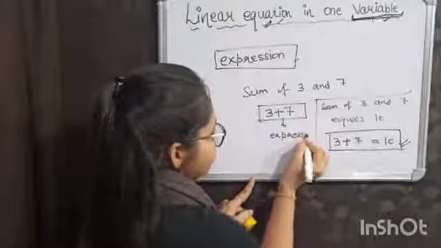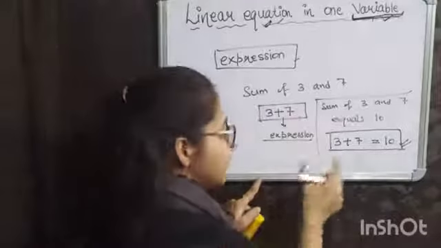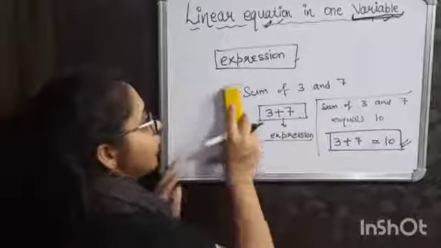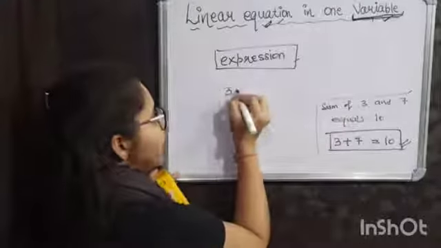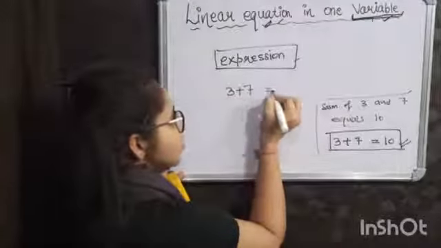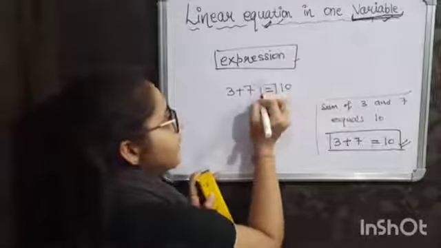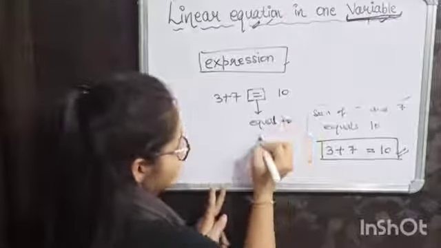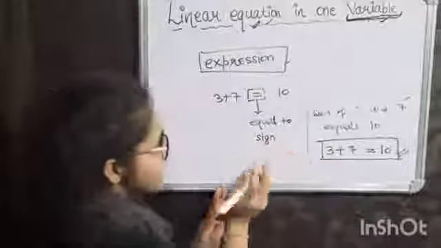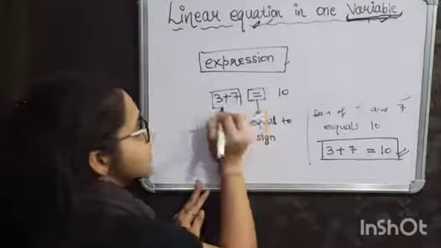Now come to another term. There are three terms in an equation. In an equation like 3 plus 7 equals 10, this is an equation. It has the equal to sign. Now there is another term in an equation, and that term is this side.